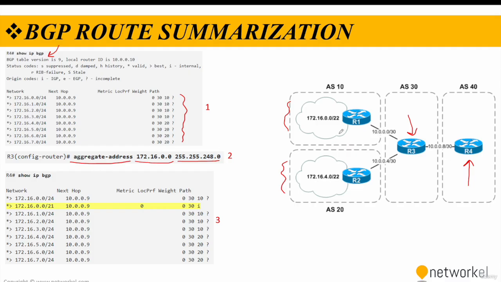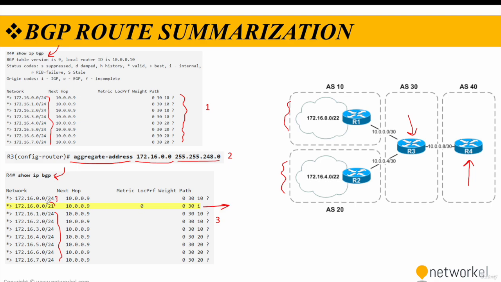Okay, after doing the route summarization in router 3, if I go ahead and type the show IP BGP command within router 4, I will still see all of those subnets from 0 till 7, but on top of that I will see one summary route.